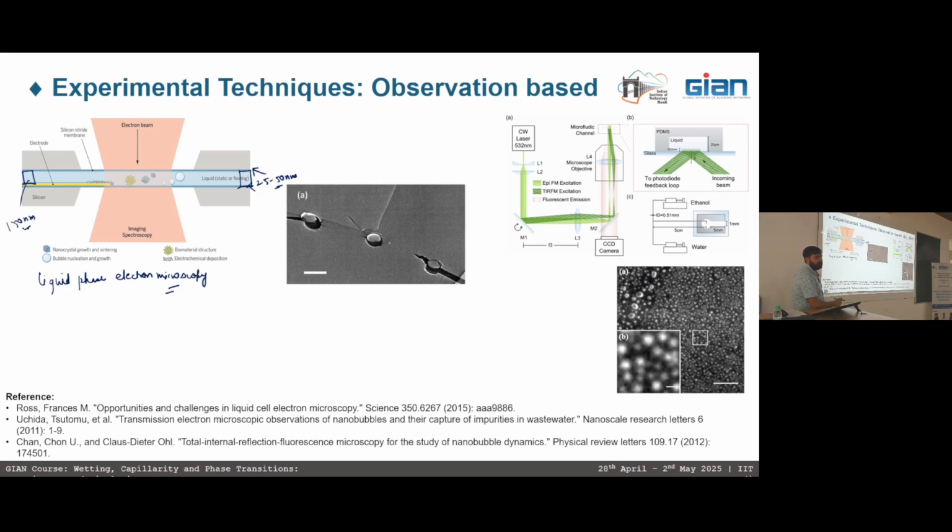Hydrogen is one of the species produced there. When the solubility of hydrogen in the liquid is totally saturated, the hydrogen molecules start to agglomerate on the surface, and then nucleation takes place. All of this we are able to observe using a TEM. So this technique is called liquid phase electron microscopy.